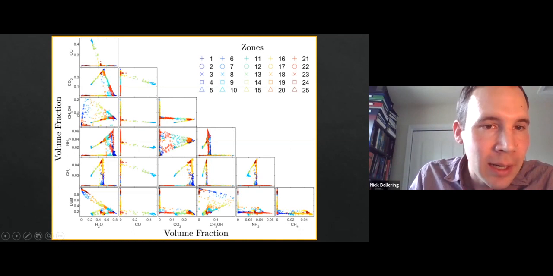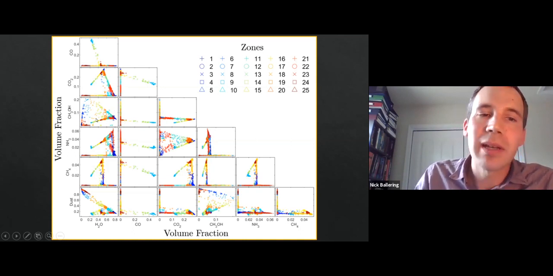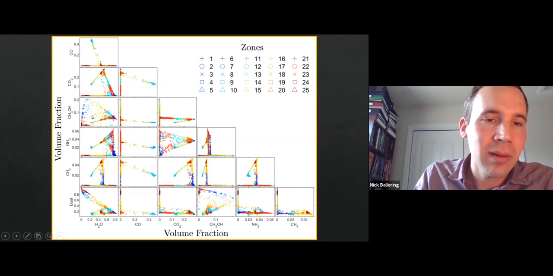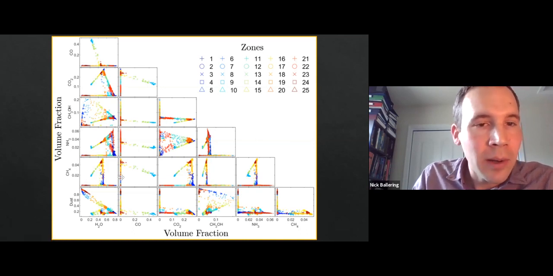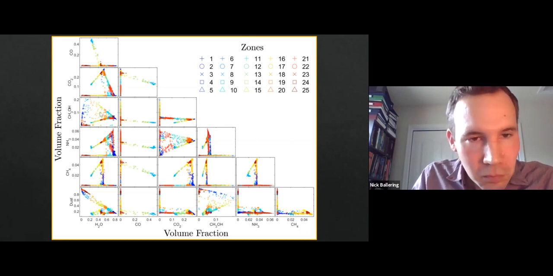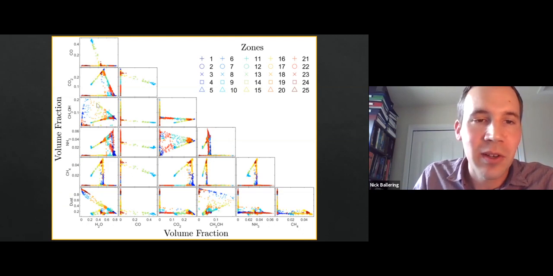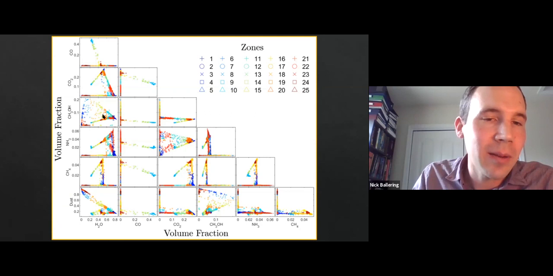For instance, if you look here, every point in this panel is one cell from the chemical model. On the y-axis is its methanol volume fraction, and on the x-axis is its water volume fraction. Then we use the k-means cluster finding algorithm to group together points that have similar overall ice and dust mixtures.